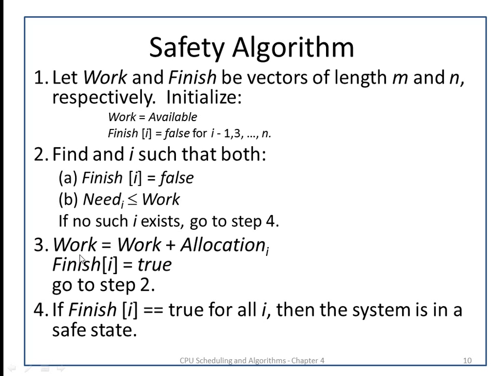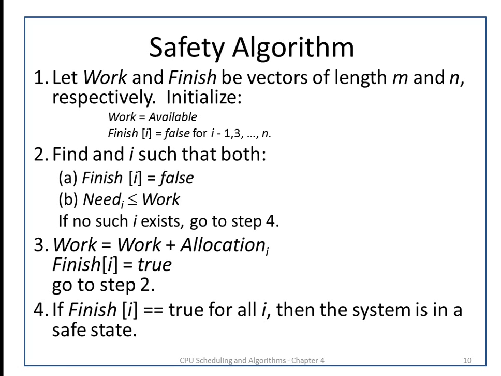So if the need is less than work, we will assign that need to the process, and after completion of that process execution, the resources can be returned to the system. So our available, that is our work, will get updated by the formula work = work + allocation.